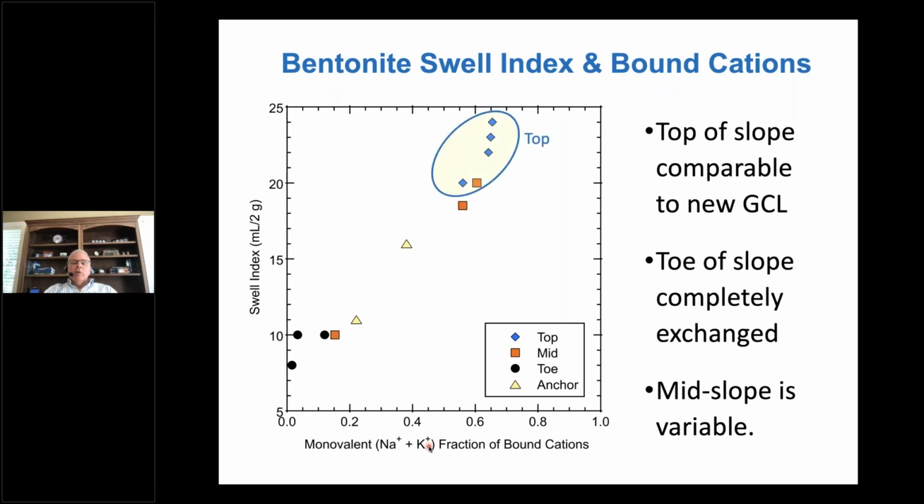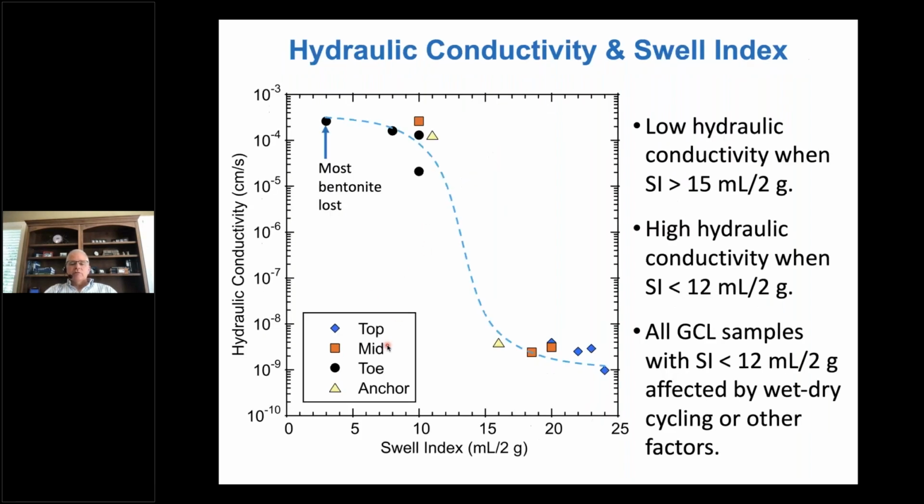At the top of slope, they're like new, right? The toe of slope completely exchanged, right? Very permeable. And then at the mid slope, well, it depends. Some are like new and some are very exchanged. And the anchor is the same. The anchor is certainly undergoing some transition.